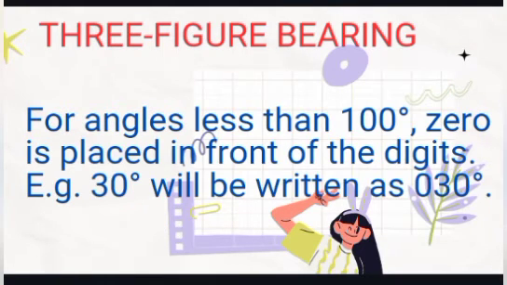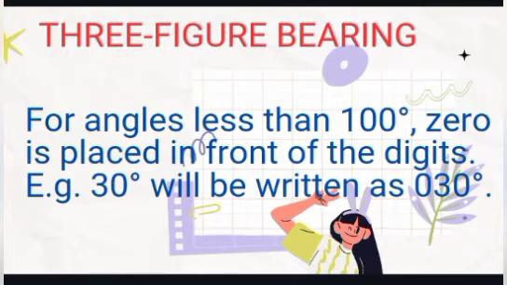Now, for angles that are less than 100 degrees, 0 is placed in front of the digits, e.g., 30 degrees will be written as 030 degrees. Now, this is why it is called three-figure bearings. There must be 3 digits.